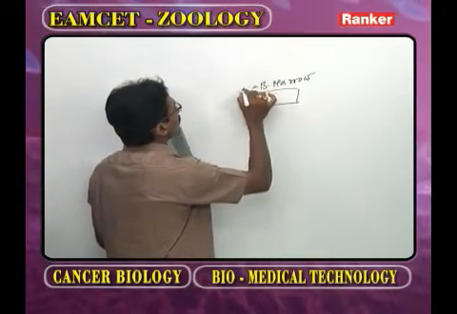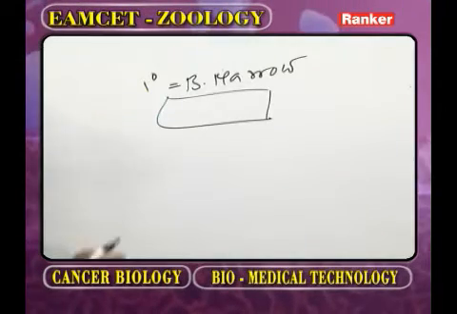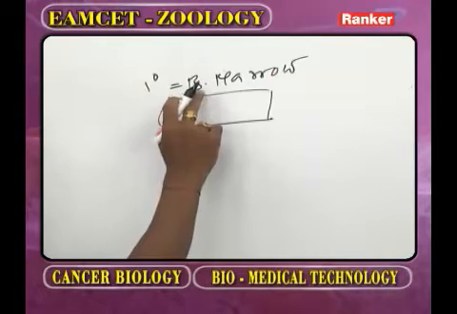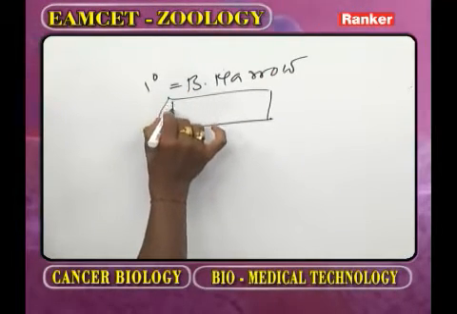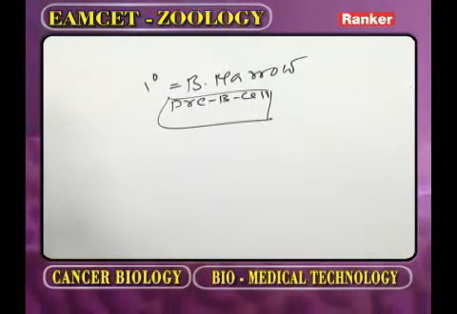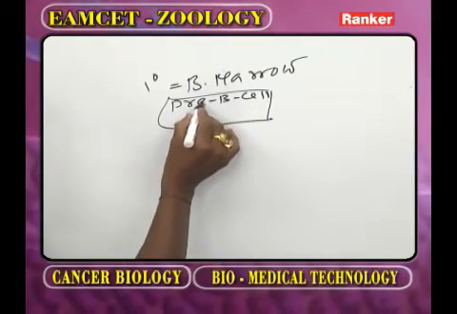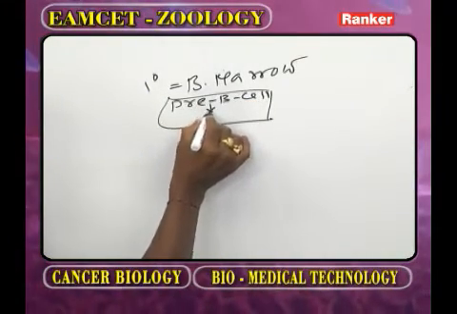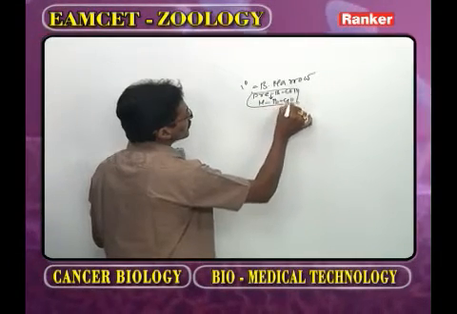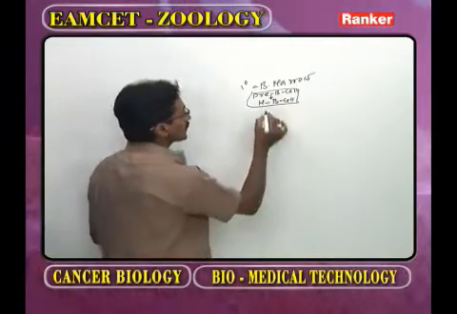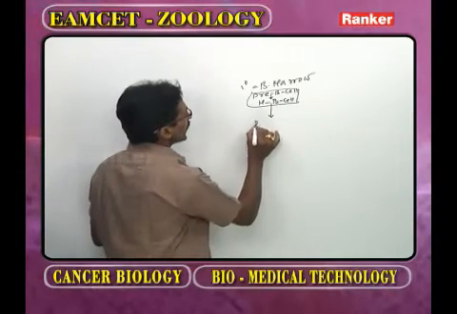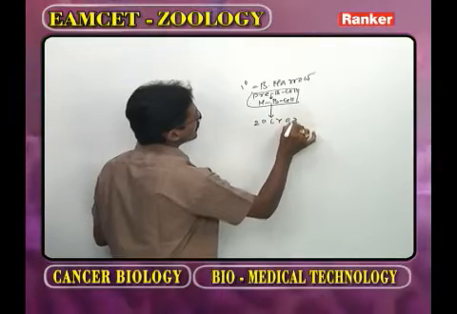This is an example of a primary lymphoid organ, indicated by this symbol. In the bone marrow, the pre-B cell is present. In the bone marrow itself, the pre-B cell becomes the mature B cell. M means mature.